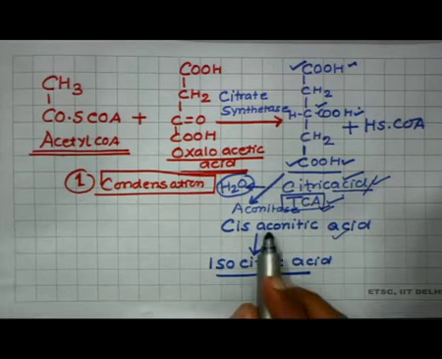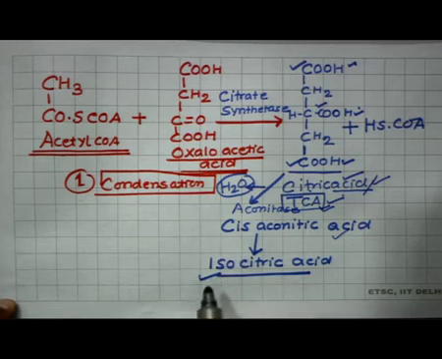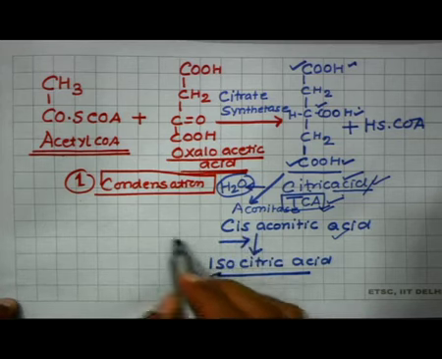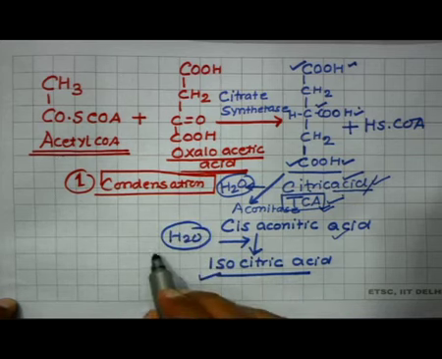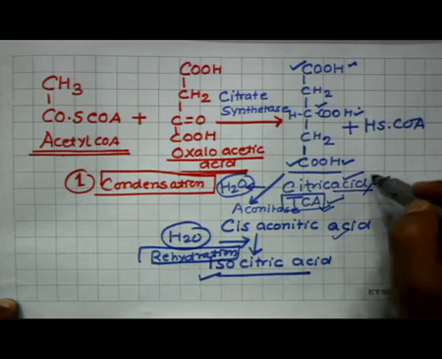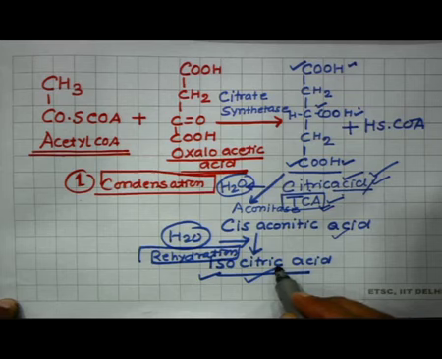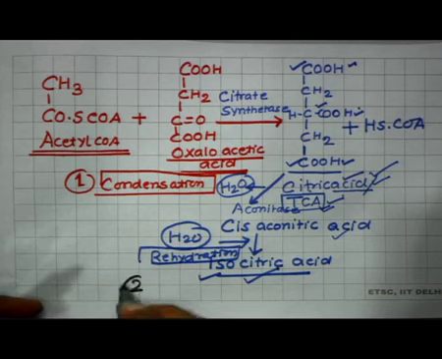After that, this cis-aconitic acid is converted into isocitric acid. It also requires a water molecule. So, this step is called rehydration. Here the citric acid is converted into isocitric acid, with the same formula. So, this second step is called isomerization.